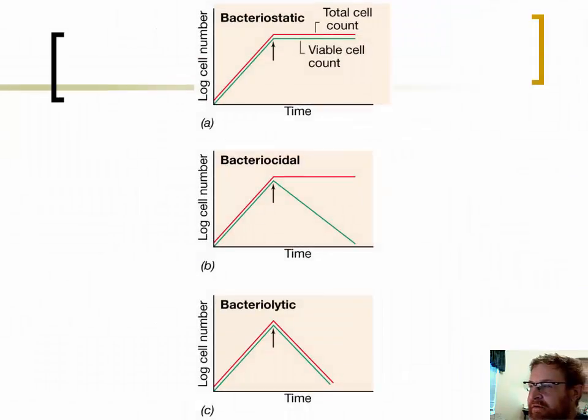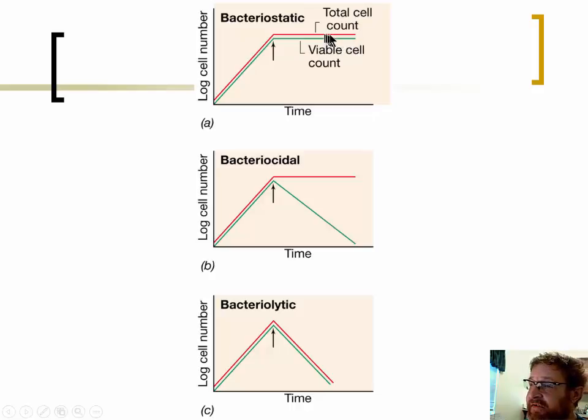So if we look at each of these forms and how many bacteria we have there, so if you're bacteriostatic, we have the red line being the total number of cells that you could see in the microscope versus the number of viable cells, those that are still alive. In bacteriostatic, when you add the chemotherapeutic agent at this arrow here, those two things remain the same.